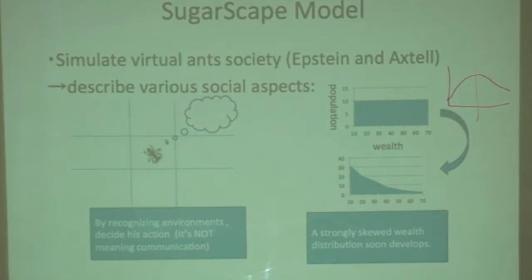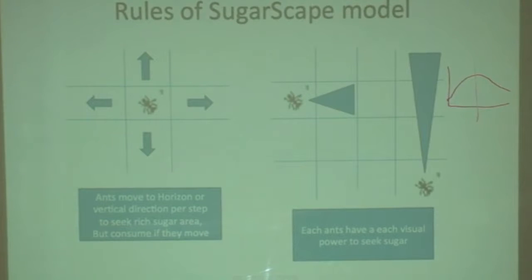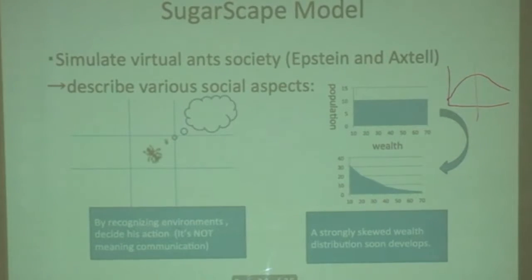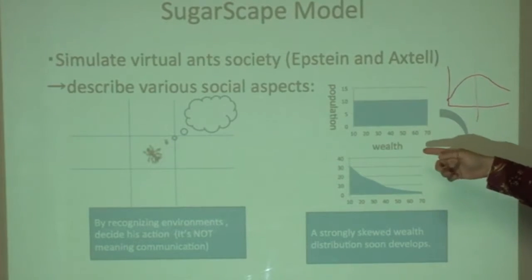Such an aspect is described in the simulation. What does wealth mean? Wealth is the amount of sugar some agent has. Eat sugar many times, then get rich. So wealth means the amount of sugar.